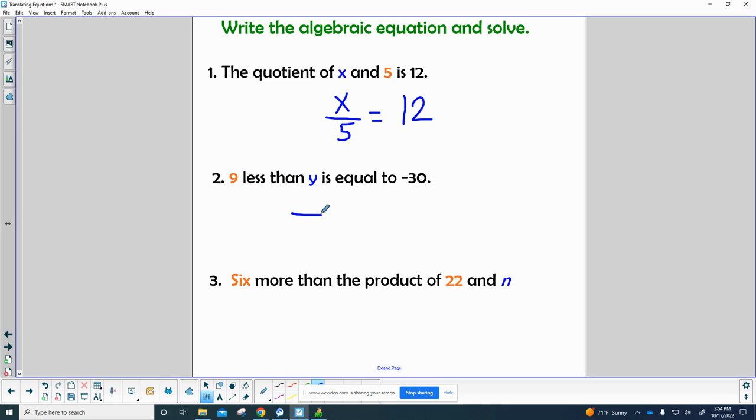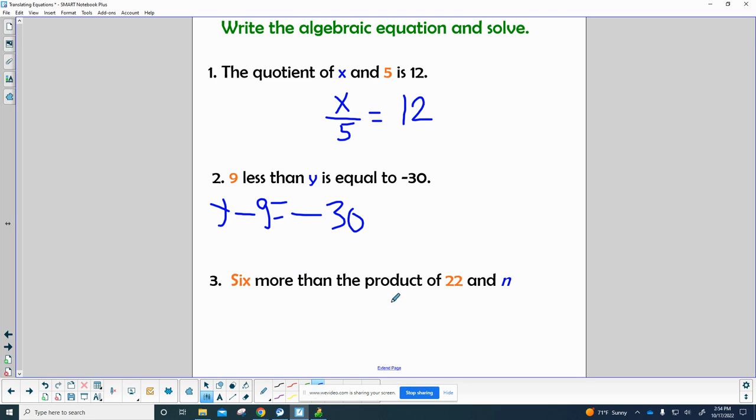So negative 30 is going to be equal to 9 less than y. So 9 less than y equals negative 30.